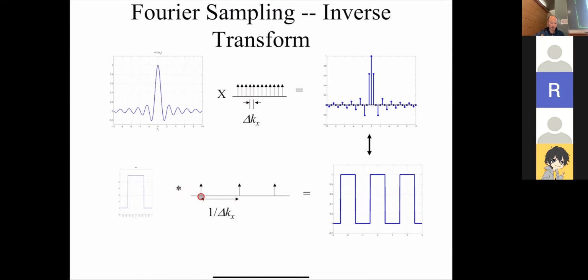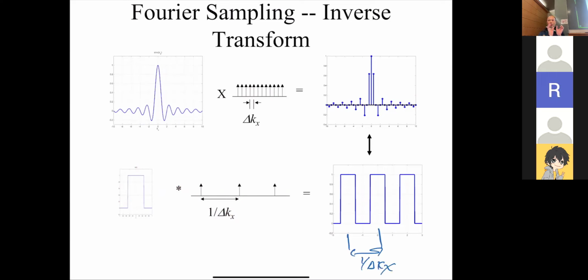Anytime you convolve something with a direct delta function, it just moves the object to that location. So this is just going to take my object and replicate it, with copies spaced 1 over delta kx apart.